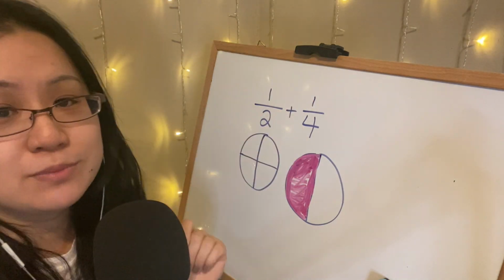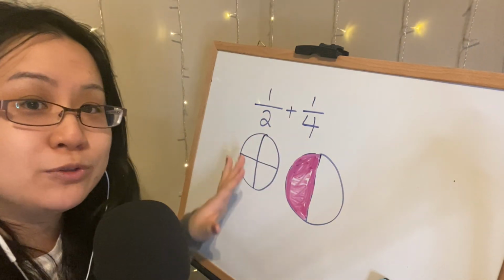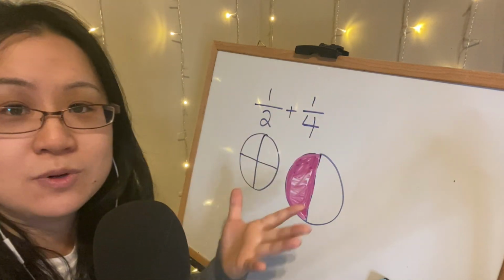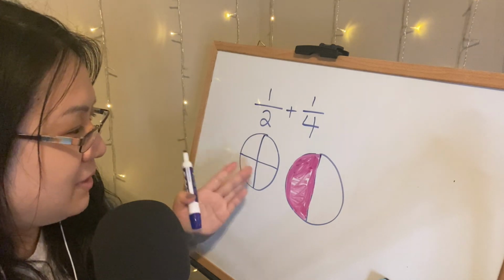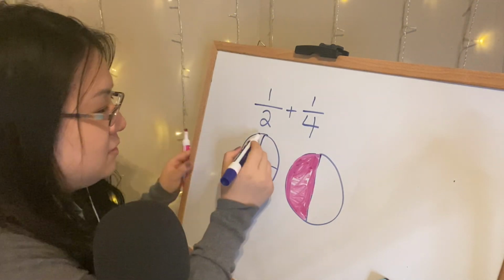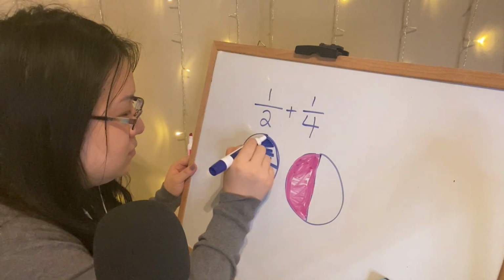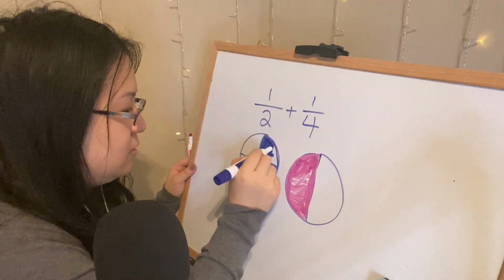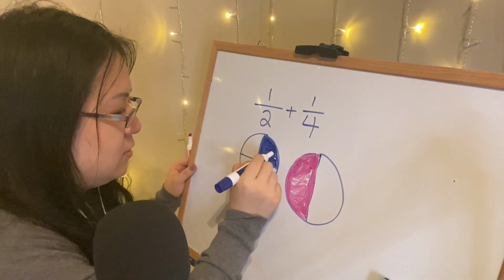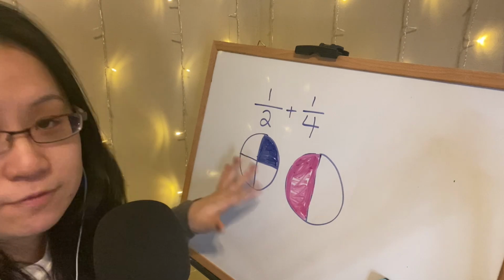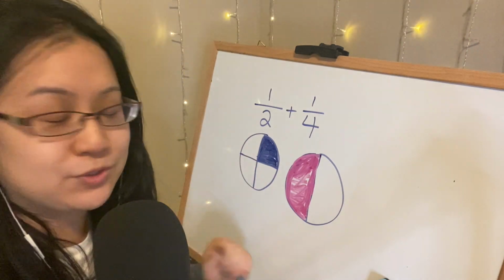And the top number tells me how many of those pieces I'm going to shade in. In this case, 1. So I might as well pick this one. Okay, very good. So the blue part represents 1/4 of the whole circle.